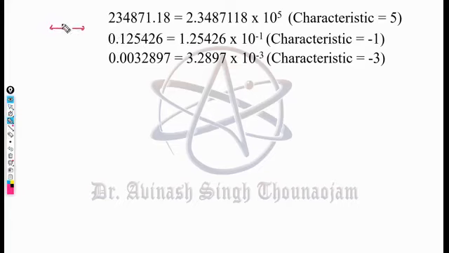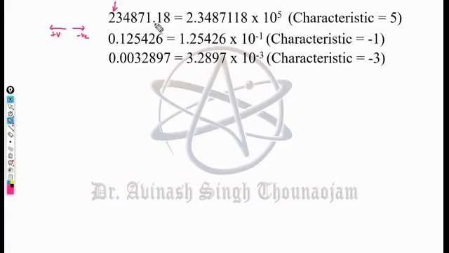What is the destination? I want the point to be after the first natural number. If you move the point towards the left, it is normally positive, and if you move it towards the right, it is negative. And how many places you have to move?